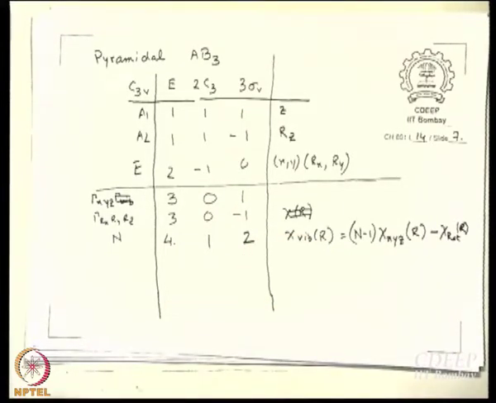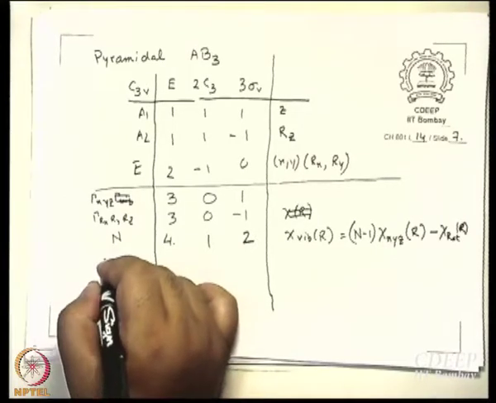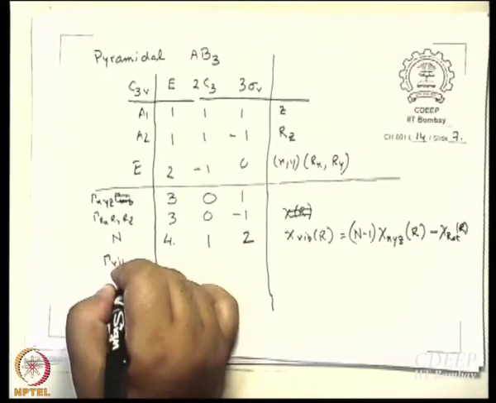Now it has become a little simple, isn't it? Now what I want is gamma vib. Can you do it quickly?